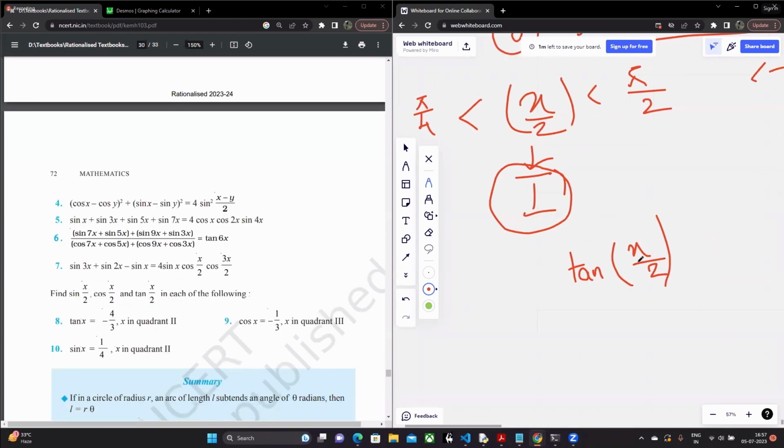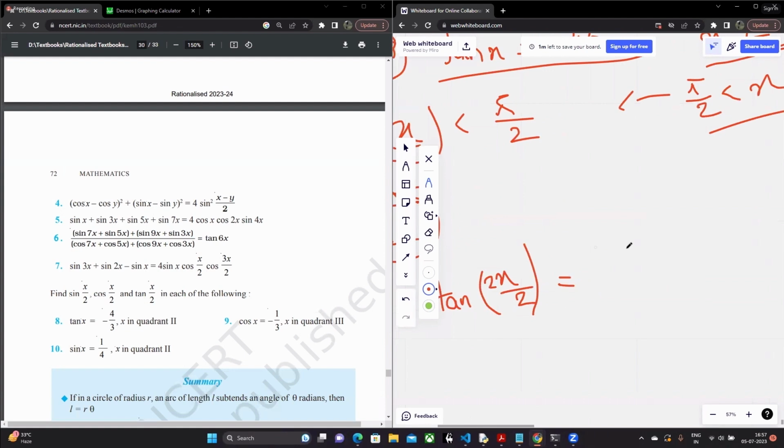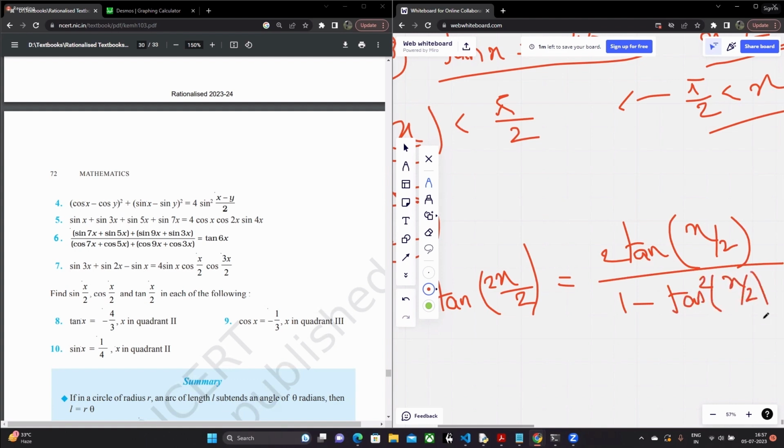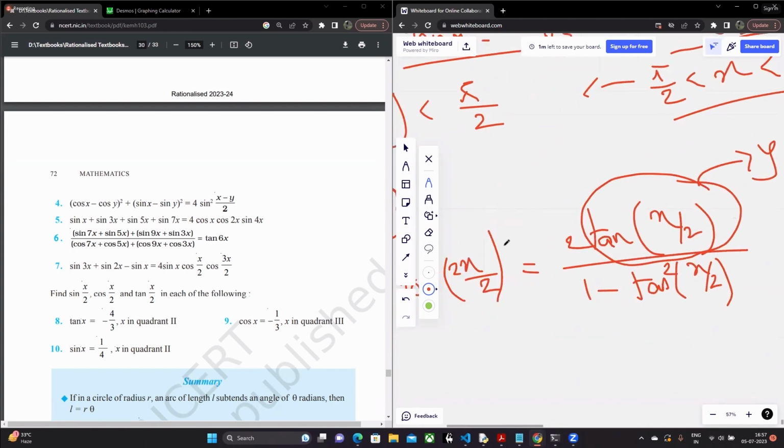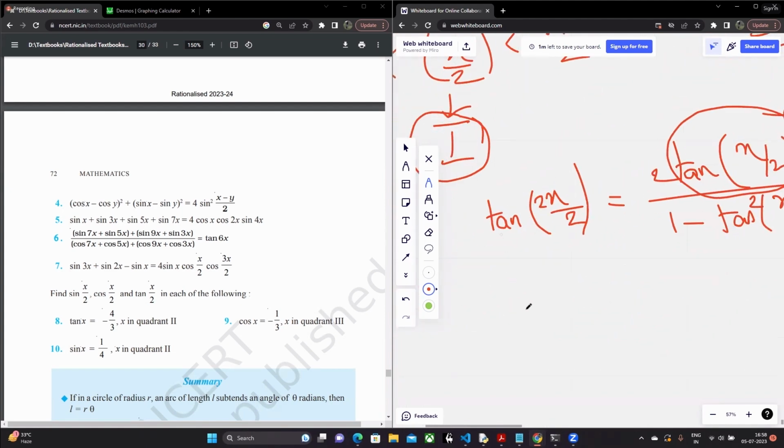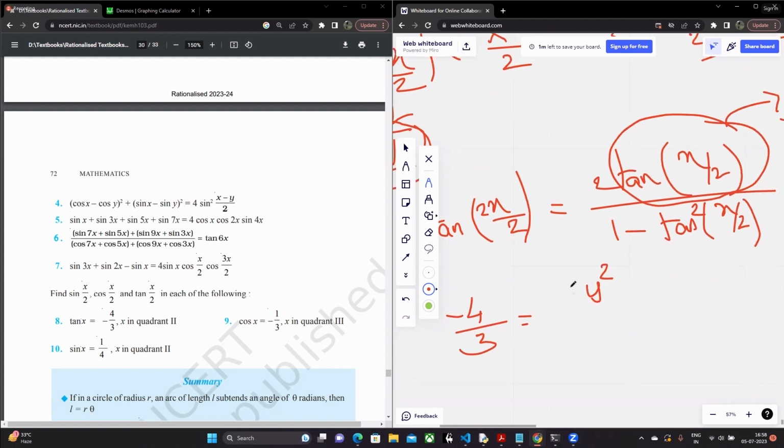So tan of 2 times x by 2 is going to be equal to 2 tan x by 2 divided by 1 minus tan square x by 2. Let this whole thing, this tan of x by 2, be y. So tan x, which is minus 4 by 3, is going to be equal to 2y divided by 1 minus y squared.